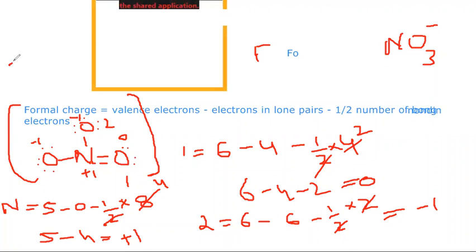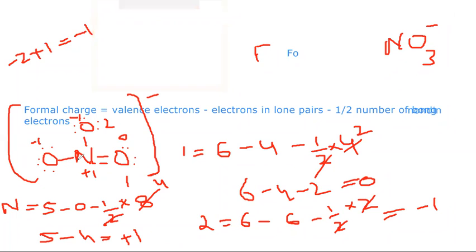So there is minus 2 plus 1, that would be equal to minus 1. So it justifies the answer, what is the charge on this nitrate. And if it is minus 1, that means you have rightly calculated the formal charge on each atom present in this molecule.